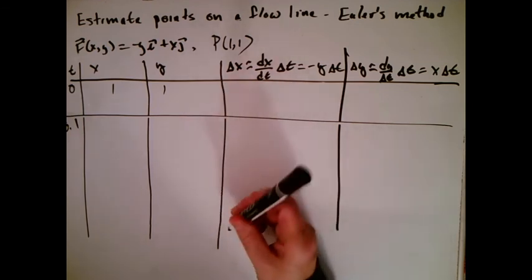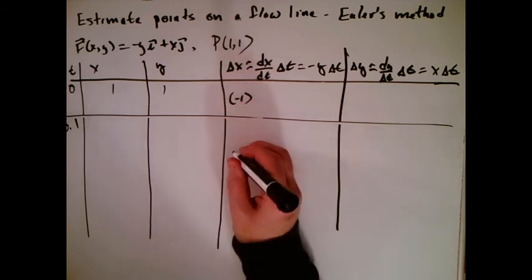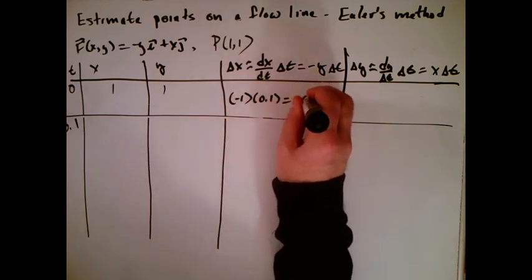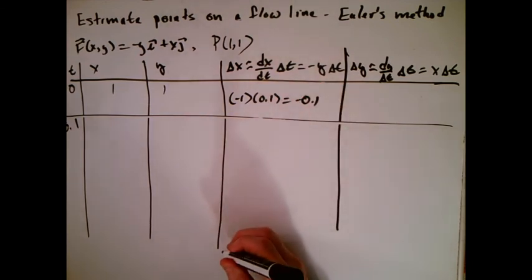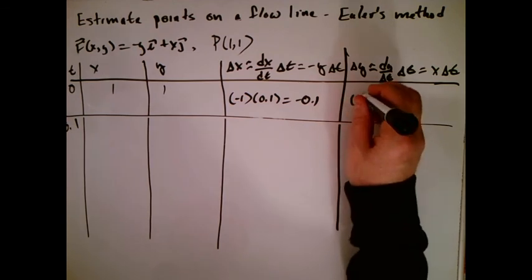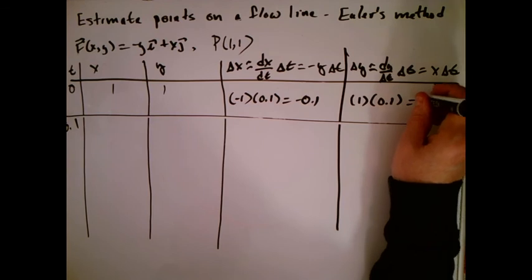My change in x, according to this, is minus my y value, so that's minus 1, times the delta t I chose ahead of time, 0.1. So I'm going to get minus 0.1 for my change in x. My delta y is going to be my x coordinate times my delta t, and so I'm going to get 0.1.